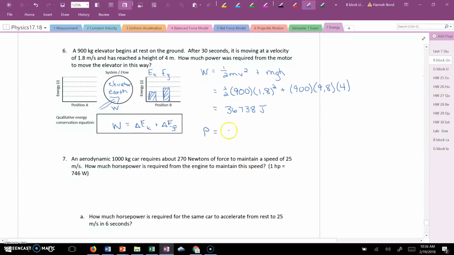The power of the motor is that amount of work divided by the time that it took to do it. And it took 30 seconds. And so we get 1,224.6 watts as the power of that motor.